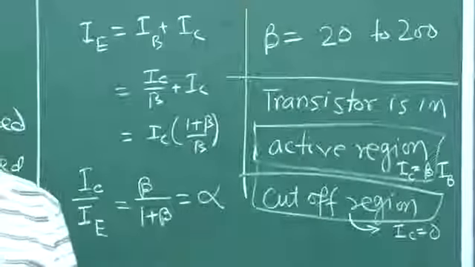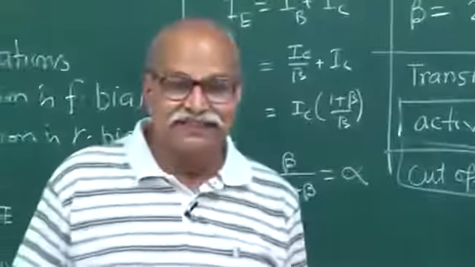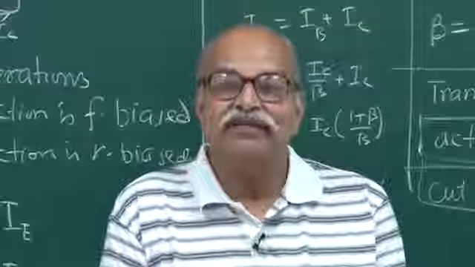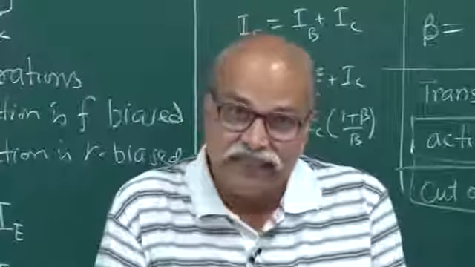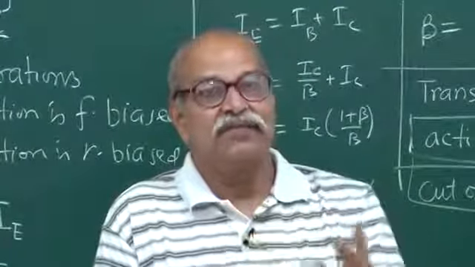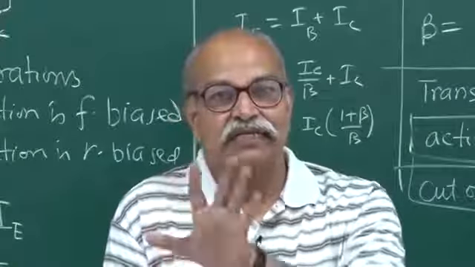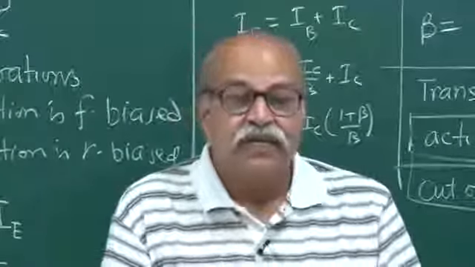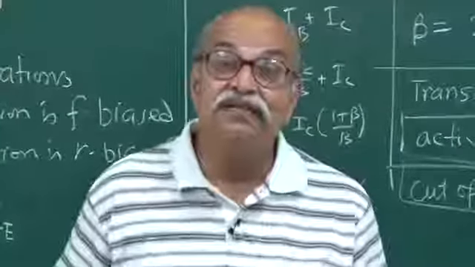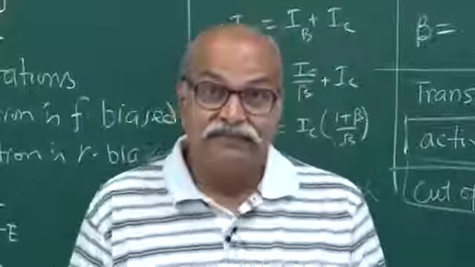And there is one more important region, and that is when the base emitter junction is forward biased properly. So, you do have a large number of electrons going into the base, correspondingly there is an IB. But the collector base junction is not sufficiently reverse biased.